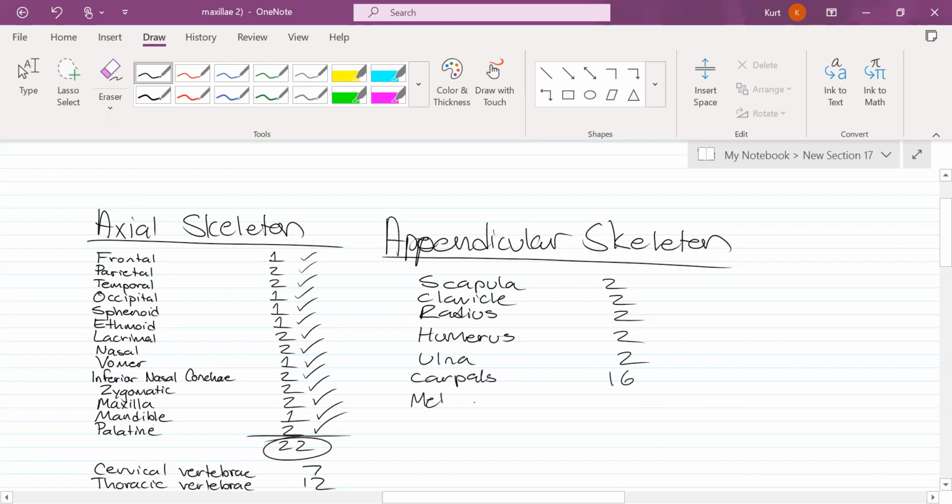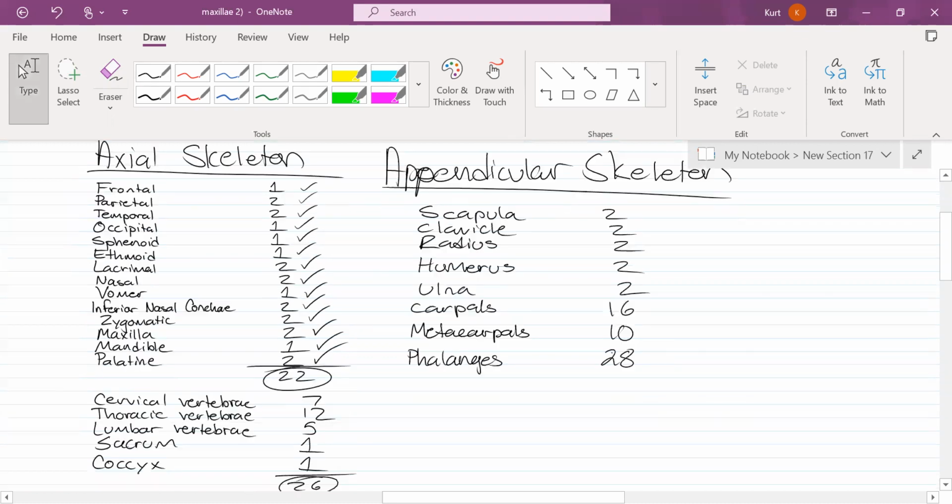Metacarpals, how many? 10. And phalanges, how many? 28. 28 finger phalanges, all right? Let's add those up. 28 plus 10 plus 16 plus 10. We have 64. 64 bones in your pectoral girdle.